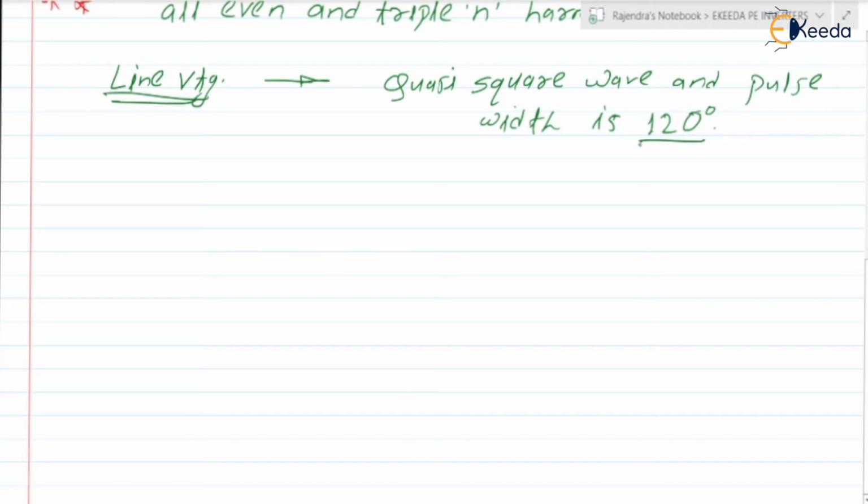Is this clear? So the pulse width is 120 degrees and the nature is a quasi square wave.